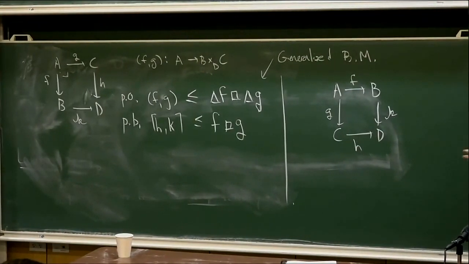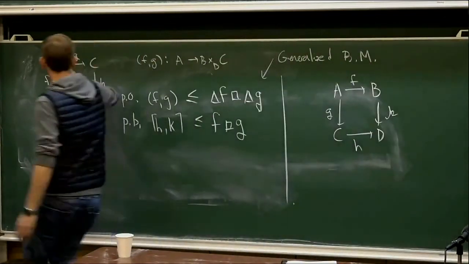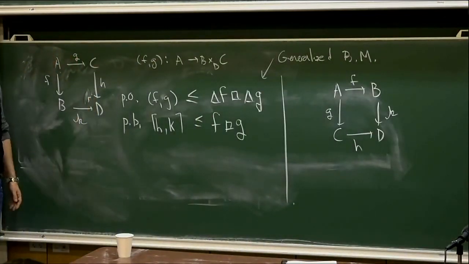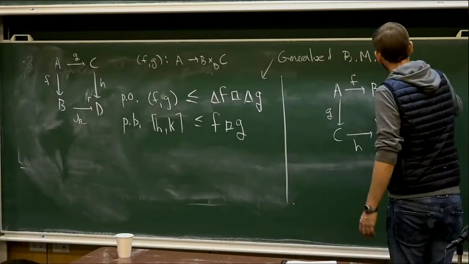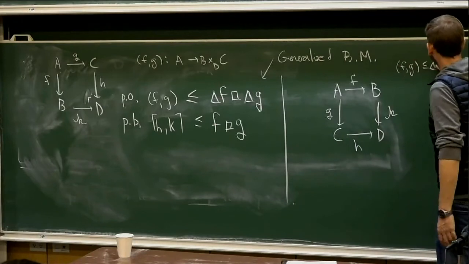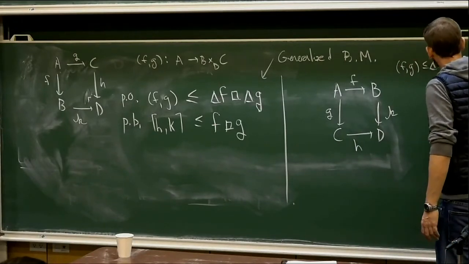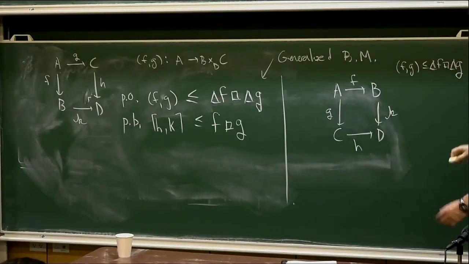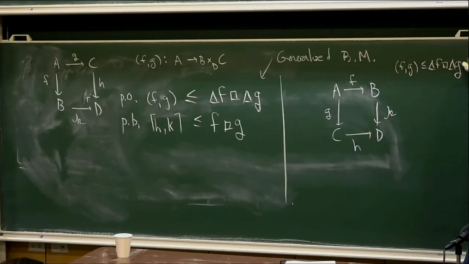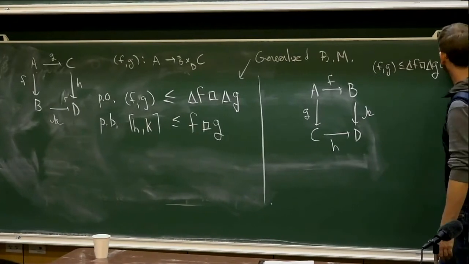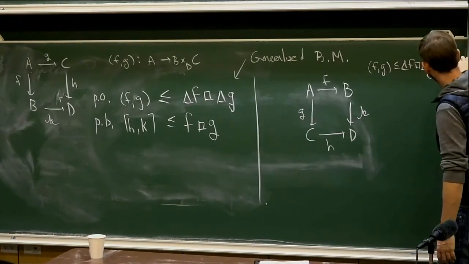Here I had to assume for the first line that this square was a push-out, but let me not assume that. Let me say completely generally that this map for any square is always less than this. And then I need to do one more thing. I need to force it to be a push-out. And it turns out when you do that, you end up picking up an extra diagonal. It's the diagonal of H.